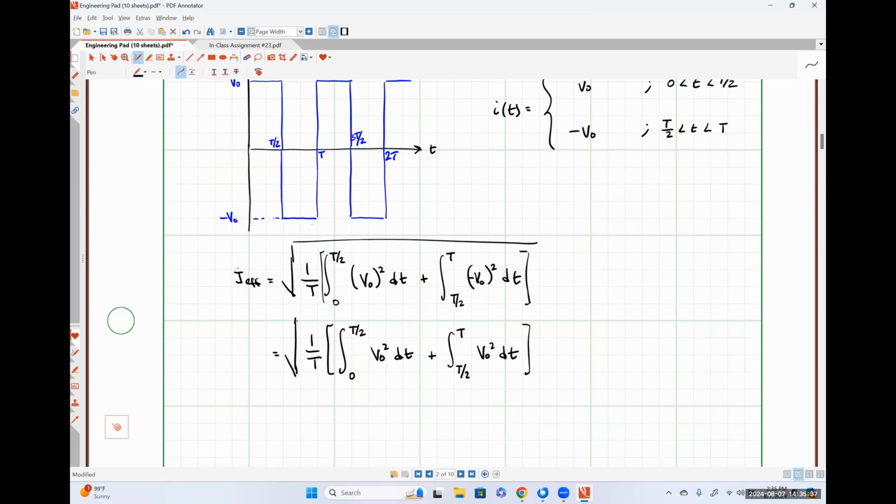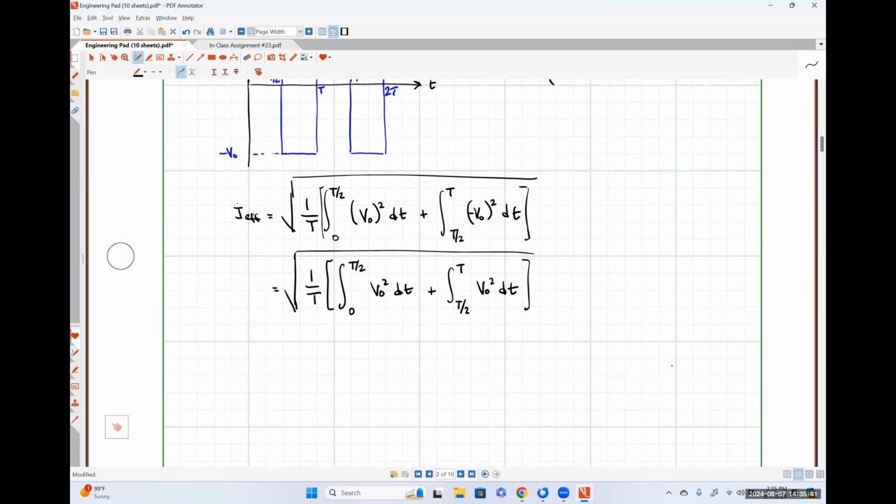We can pull out that common factor of V naught squared, so that we'll have 1 over T times V naught squared. Actually, let me pull that all the way out. So let's put that V naught squared over here.